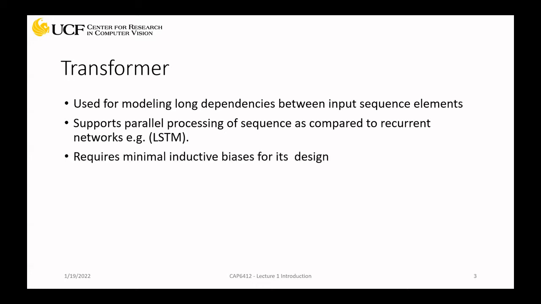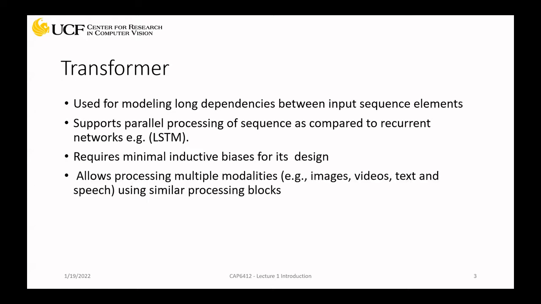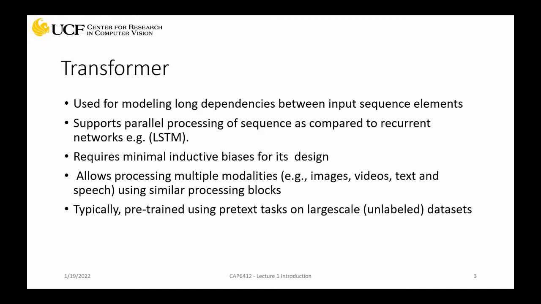It doesn't require any inductive biases, so therefore it can be used for multiple modalities. We can apply it for images, video, text, and speech, and it will have similar processing blocks. For example, transformer started in natural language processing, but it's widely used in computer vision.